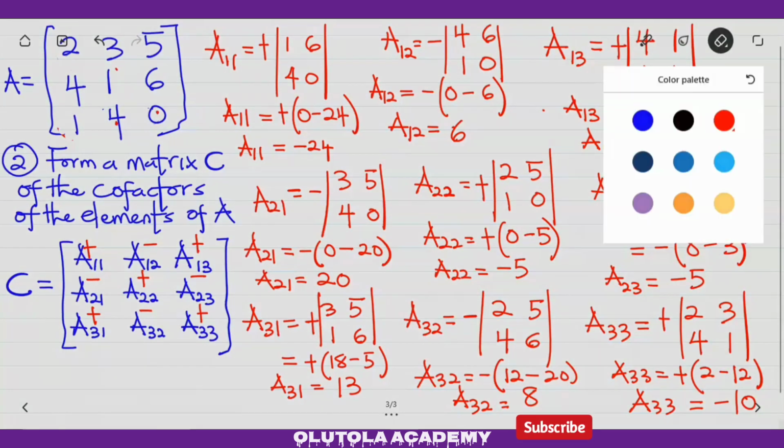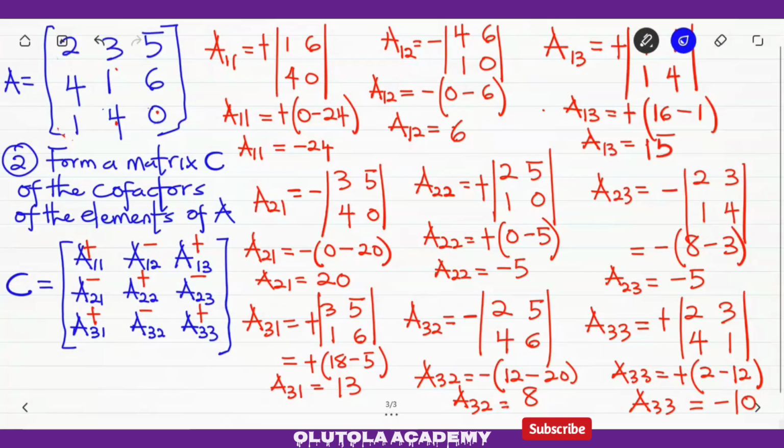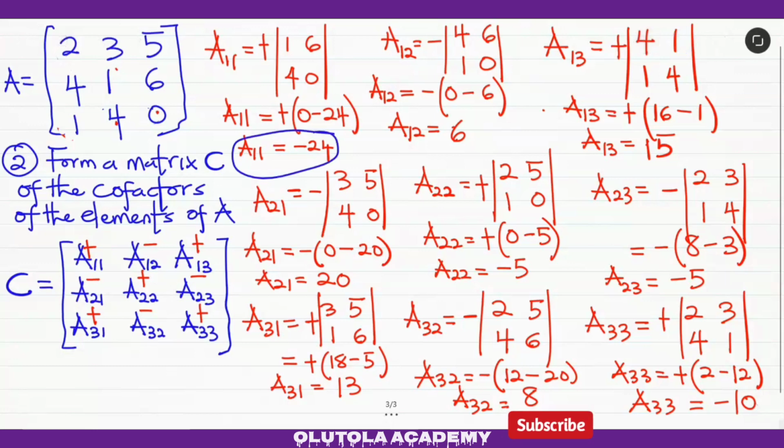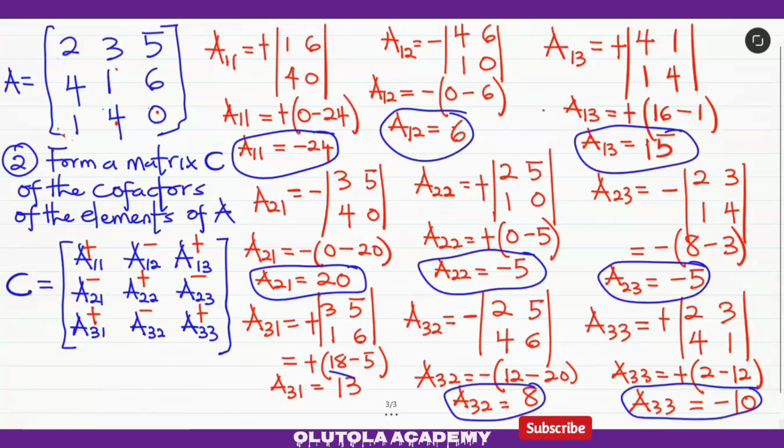So I have gotten the cofactors now. I'm going to form a matrix with the values now. These are the values circled in blue. Because it's a 3 by 3 matrix, I'm going to have 9 elements.